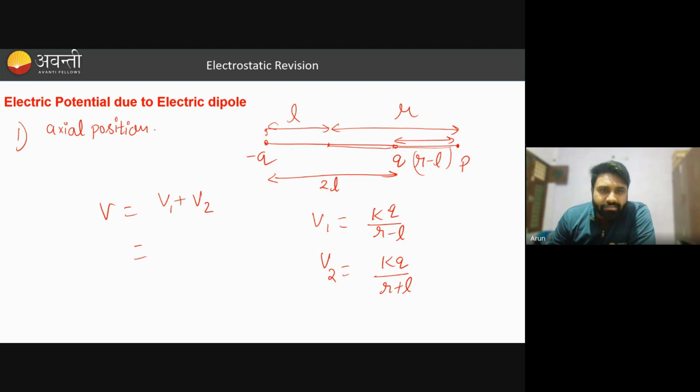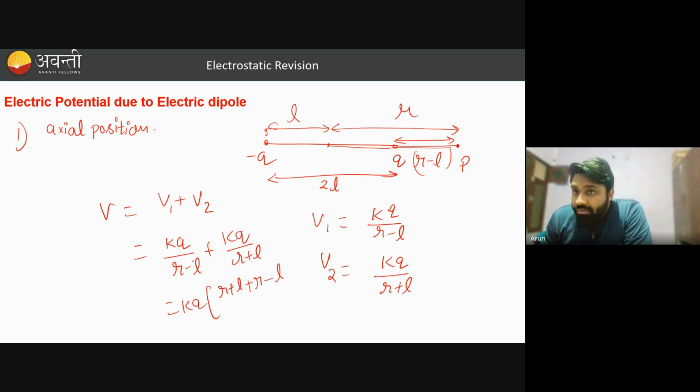So V1 plus V2 is KQ upon R minus L plus KQ upon R plus L. Now you take KQ as common. So it will become R plus L plus R minus L.